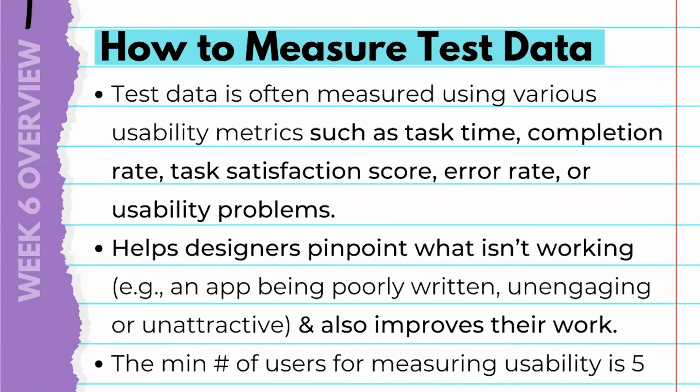Measuring your test data helps designers pinpoint what isn't working, such as if your app is poorly written, unengaging, or unattractive, and then you use that feedback to help improve your work. Now, a good rule of thumb is to use a minimum of 5 users when you're measuring usability.